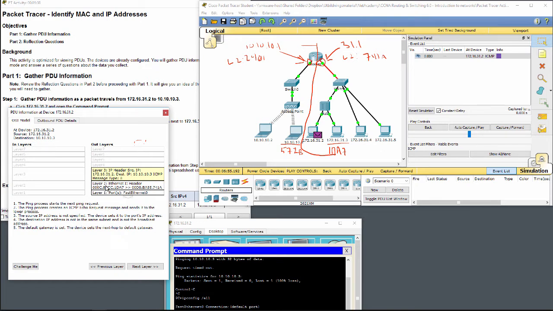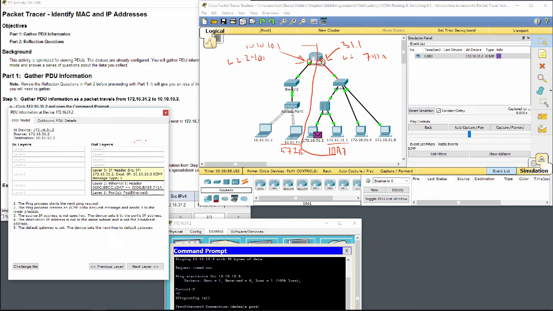On layer 2, the destination MAC address is 741A, and this is the trick to understand: the addressing on layer 2 is inside of the layer 2 network, which means that the destination address on layer 2 for the packet going out from this machine is the router, because it's the default gateway.